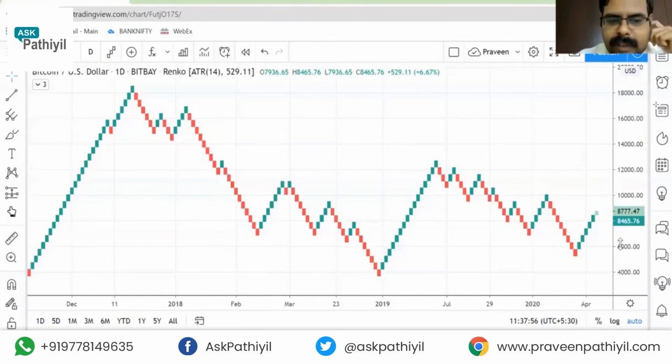After that, with the introduction of the average true range, things were much easier. People started replicating this average true range instead of the original way of defining the brick size.